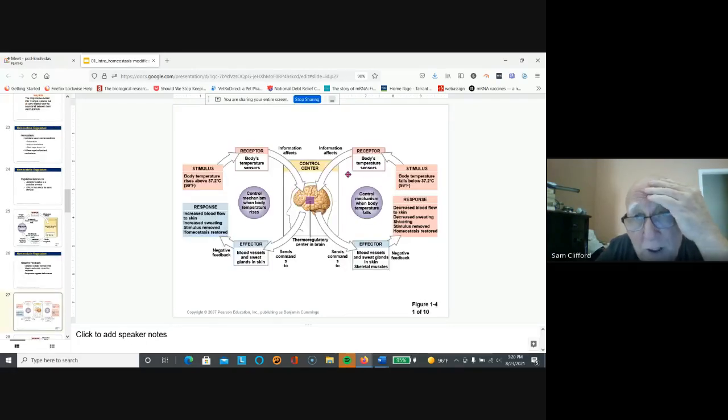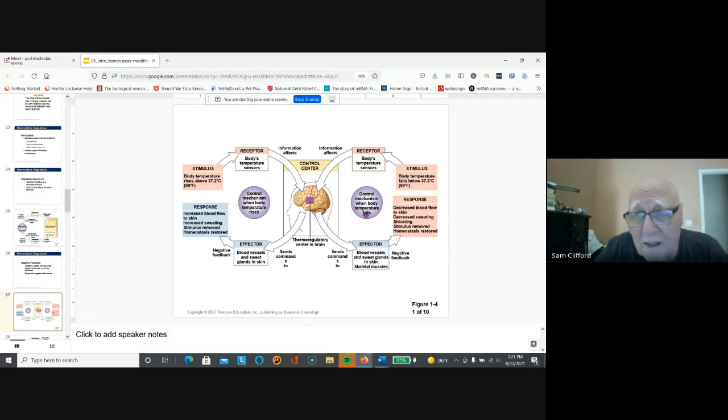Okay, so if you look at the control center, if body temperature goes up, receptor, brain allows blood vessels to open close to the skin and sweat. And so you increase blood flow to the skin, increase sweating. So that rise in temperature is negated.